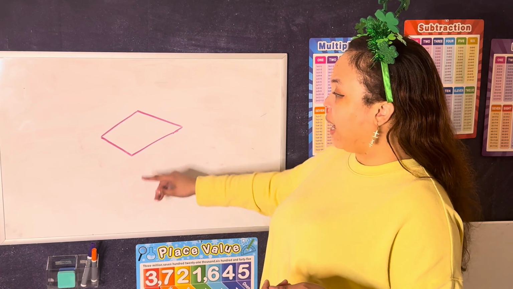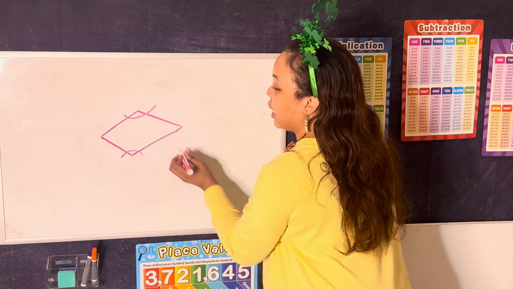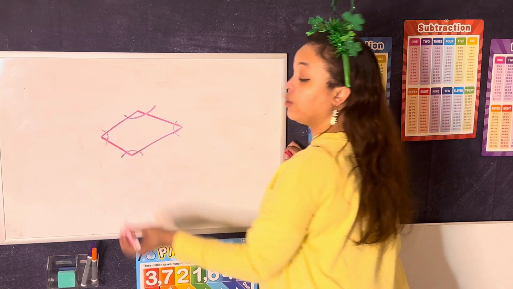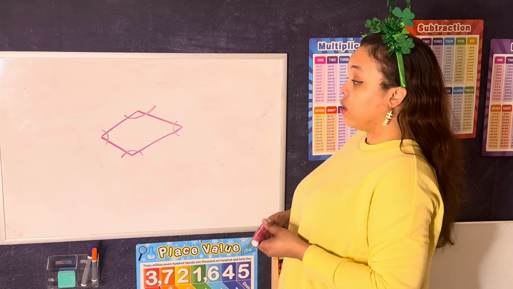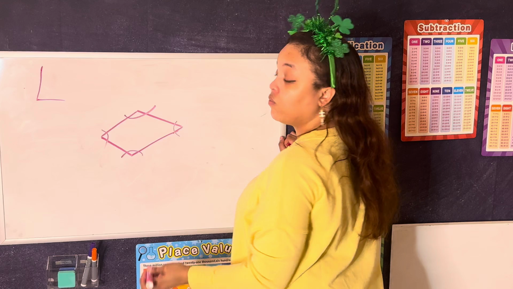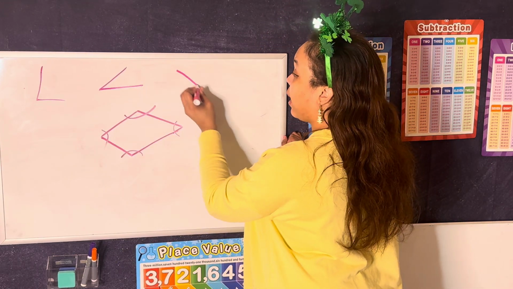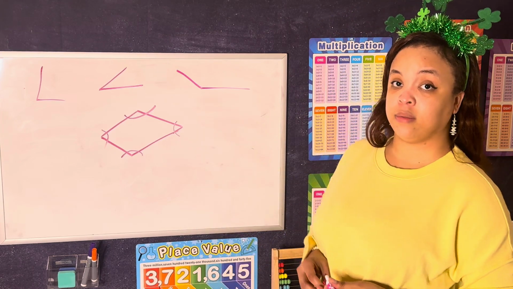A diamond has two obtuse angles and two acute angles. So anything can have a right angle, anything can have an acute angle, and anything can have an obtuse angle.